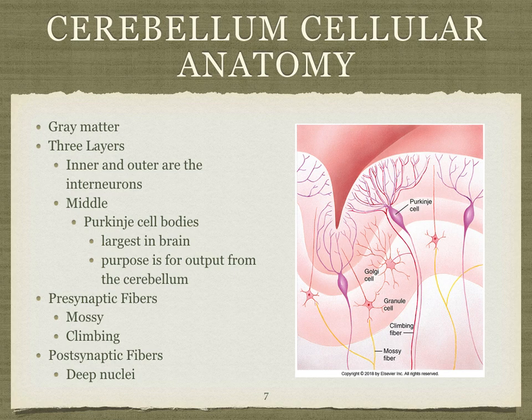And within our cellular anatomy, we have presynaptic fibers and postsynaptic fibers. Within our presynaptic fibers, there's two main other neurons. We have these mossy fibers, and these mossy fibers are essentially our somatosensory information that goes to our brainstem and the spinal cord. And then our climbing one, which makes sense, is movement error.